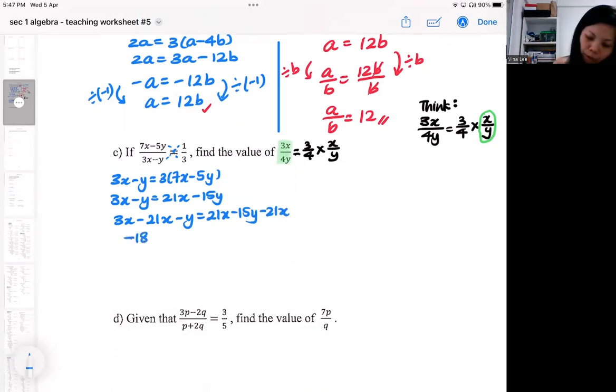I assume you'll be okay with doing all this. Then I'm going to do a plus y on both sides.